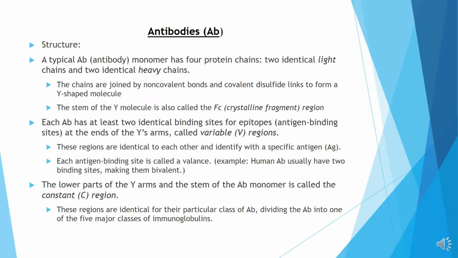So if you were to break the Y up into a V and a stem, at the very tip of each end of the V would be the variable regions, or the antigen binding sites. These regions are identical to each other and identify with a specific antigen, and each antigen binding site is called a valence.